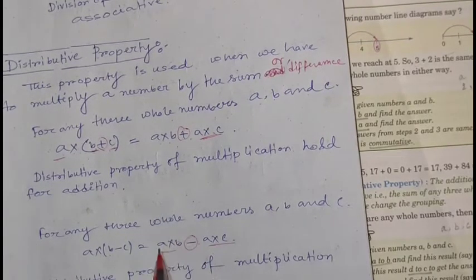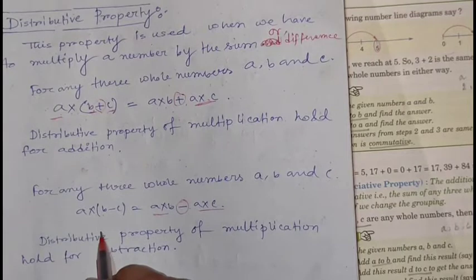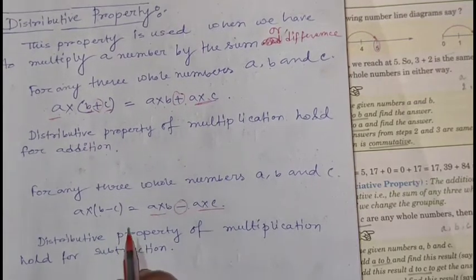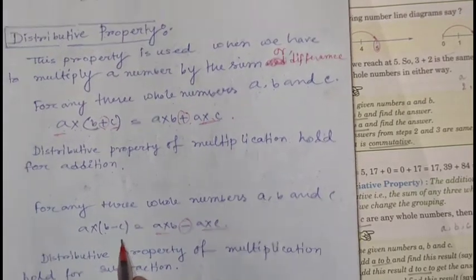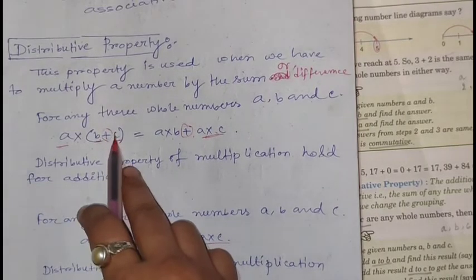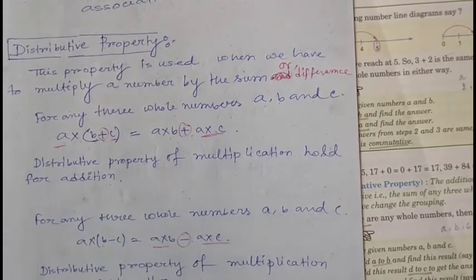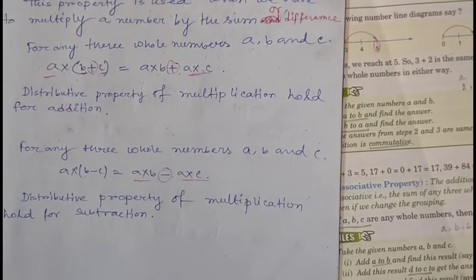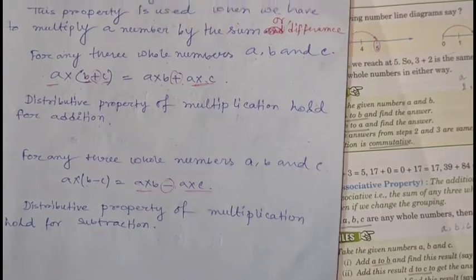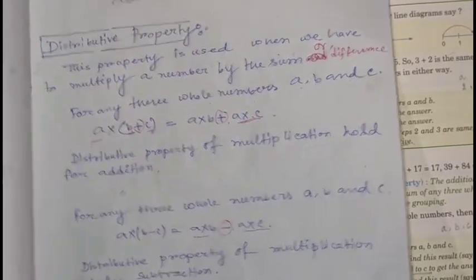So this is the distributive property of multiplication over subtraction, and this is the distributive property of multiplication over addition.